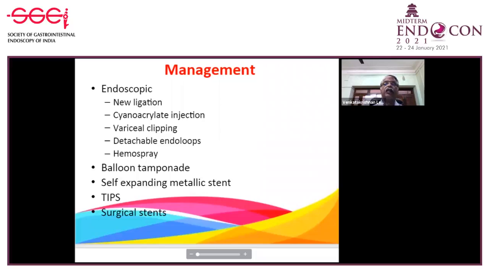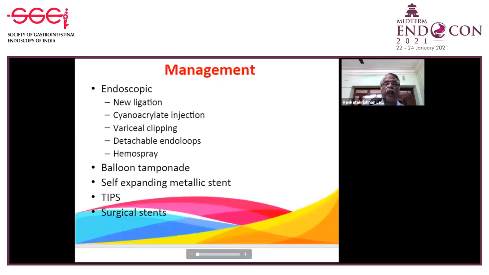But there are certain incidences where patients died after TIPS because of a high MELD score. So before we put in TIPS, it's important we look at the MELD score, because the incidence of death or encephalopathy can get aggravated if the MELD score is high. Surgical options have sometimes been done, but off late have not been of major use in post-EVR ulcer bleed.